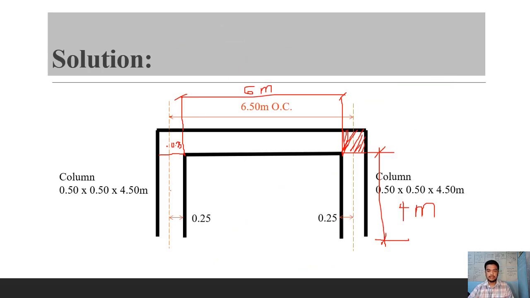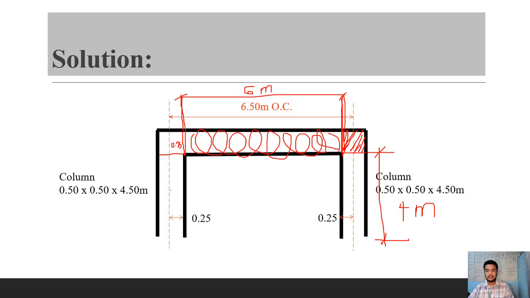But we are just measuring this length of beam. That is why it is 6 meters. Okay, that is simply 6.5 minus 0.25 minus 0.25. Therefore, it is 6 meters.